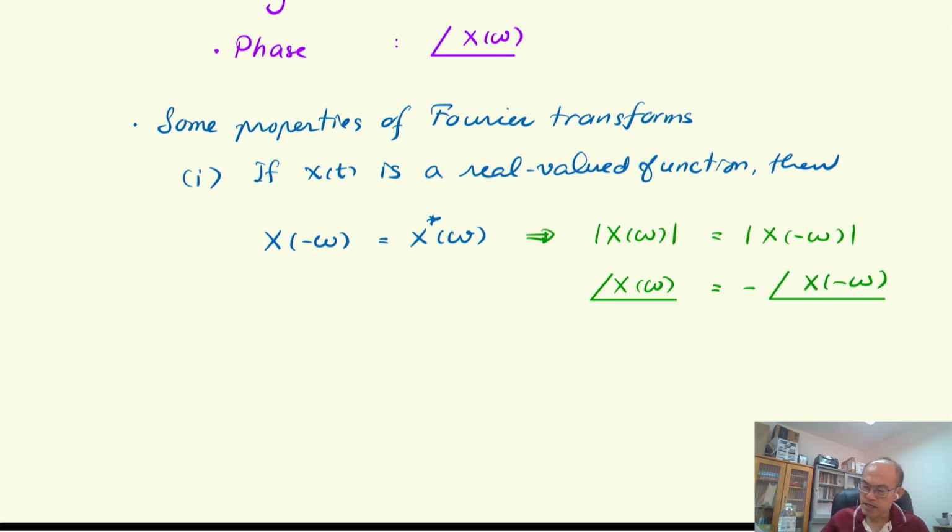The second property that we talked about last time was linearity. So the Fourier transform of a x of t plus b y of t is a X of omega plus b Y of omega.